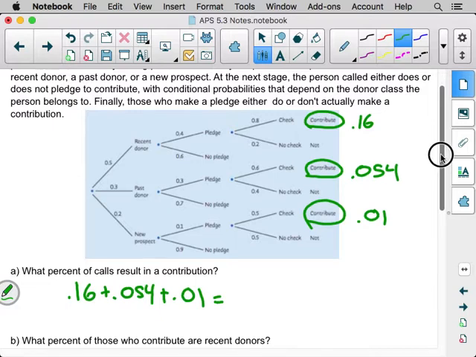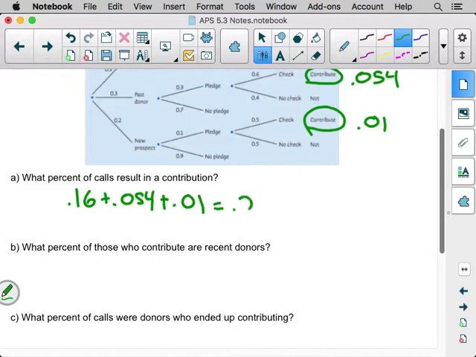And that gives us 0.224. So a 22.4% chance that they end up contributing.